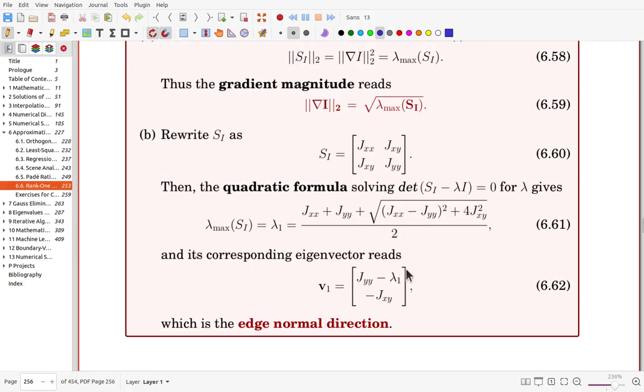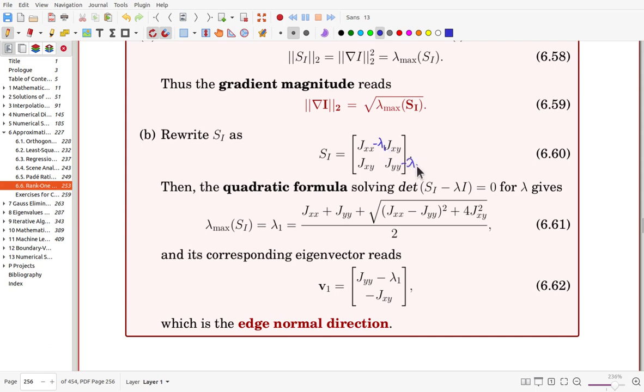Now its corresponding eigenvector. After finding lambda 1, we put here S minus lambda 1 I, so that we have lambda 1 subtracted along the diagonal.